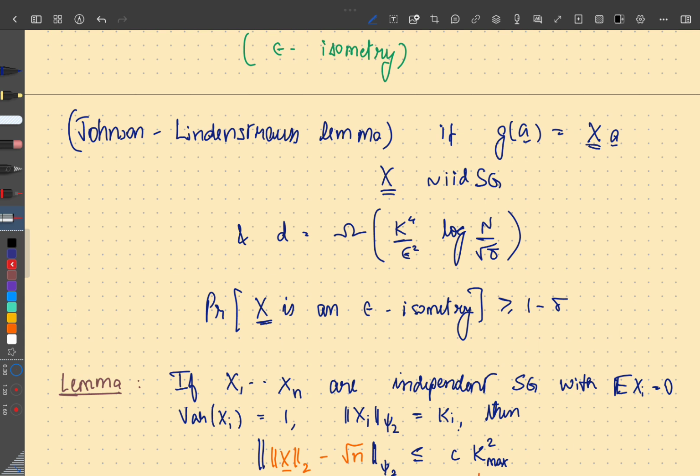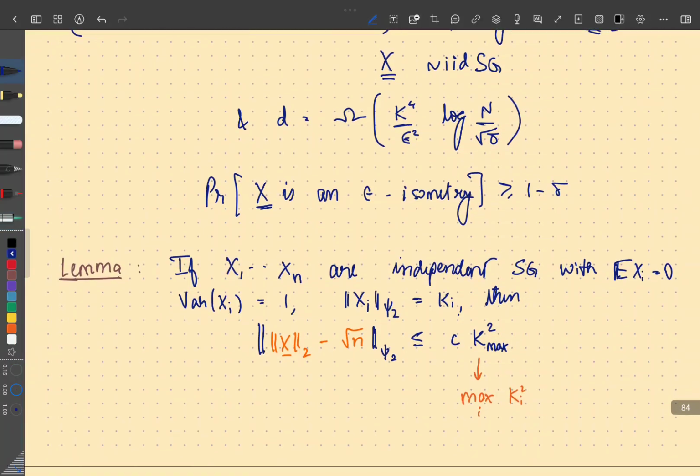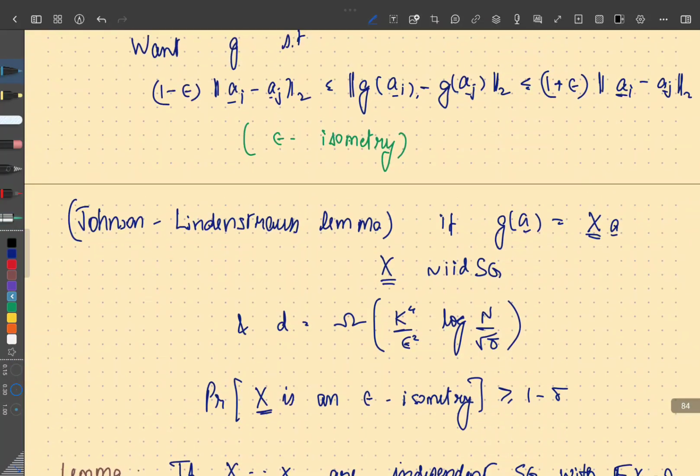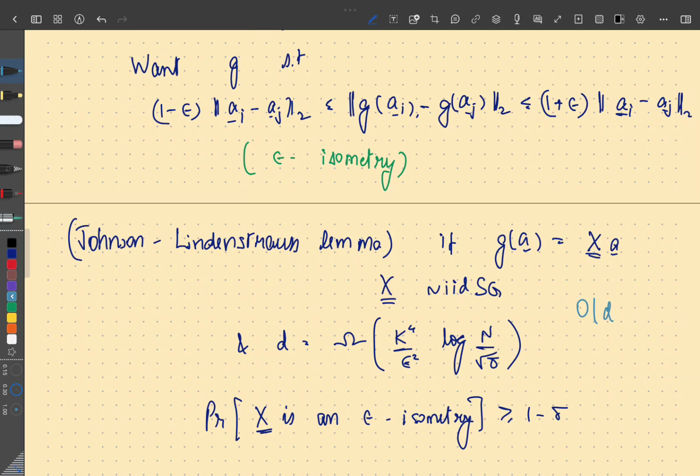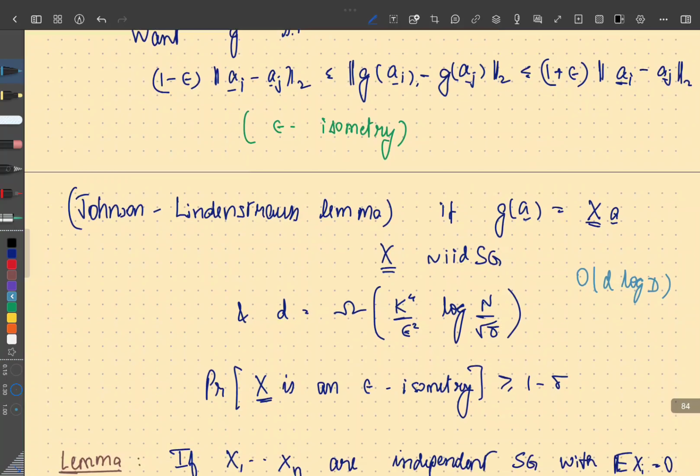In fact, you can choose this X to be such that this whole product can be computed with computational complexity only order d times log of capital D. So there is a separate ensemble of matrices X that allow you to perform matrix multiplication using just this amount of computational complexity.